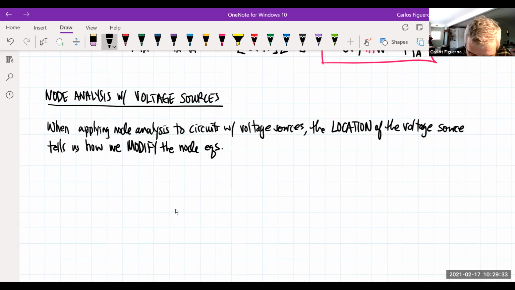And it turns out that there are two possible locations.